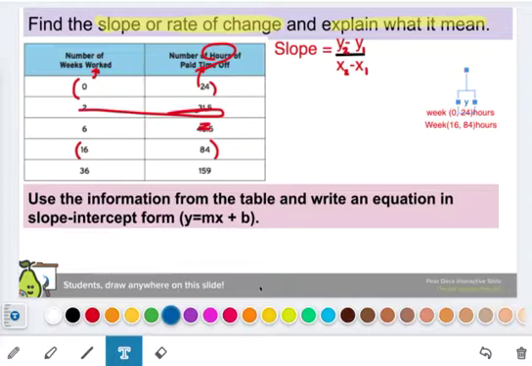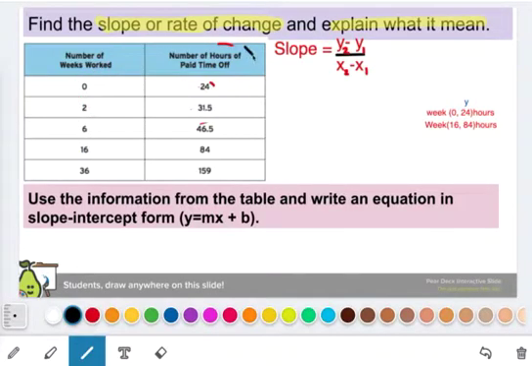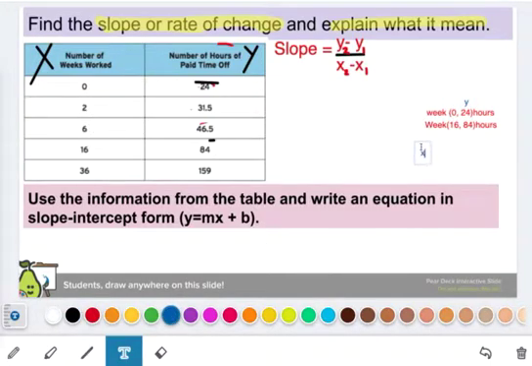Notice this, your second box, is always going to be your y, the hours. All these numbers are your x. So the 24 and the 84 are your y's. They're hours. The first set, 0 and 16, are your x's.